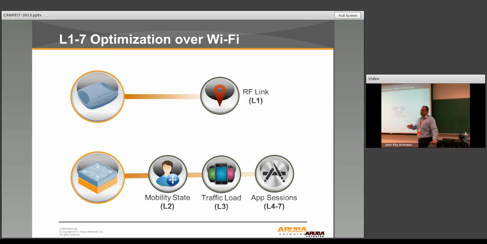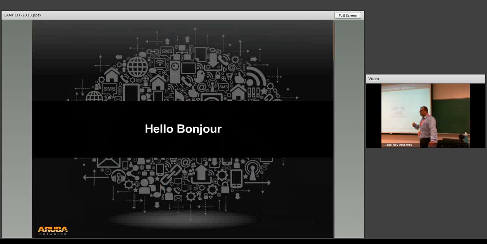From our management tool, we were able to find which buildings are high density, and most likely it's our center of the university, the library and the university center, where we have high density users. So our plan right now is to replace the N access points by AC in the library and the university center, and try to replace the old A, D, G by N.